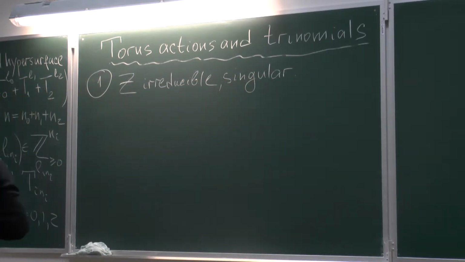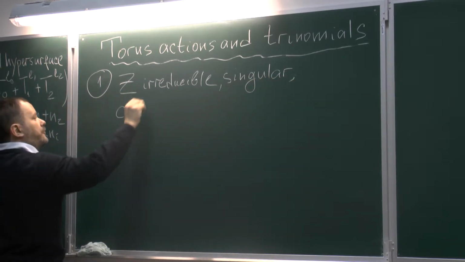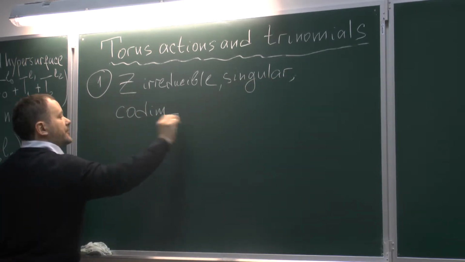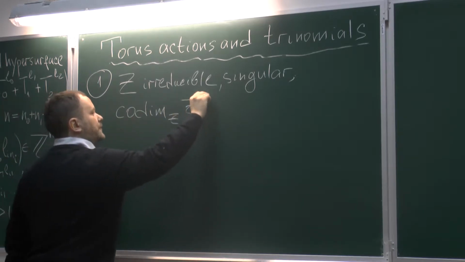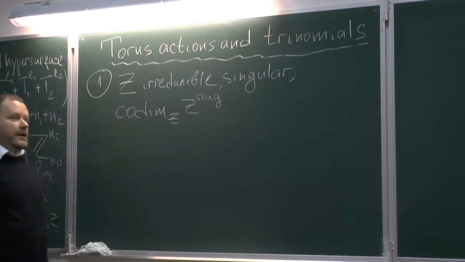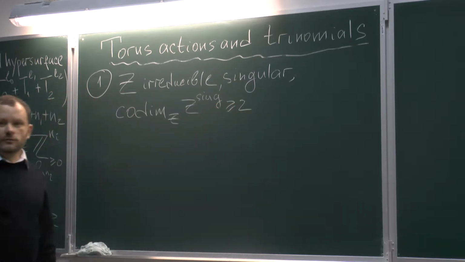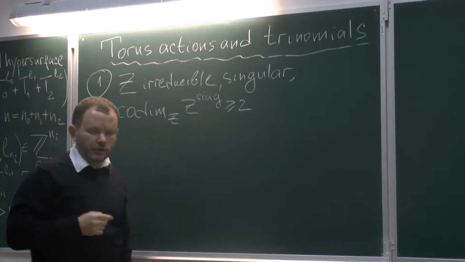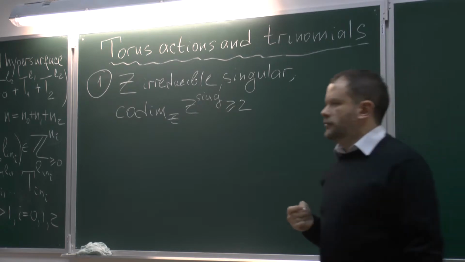And also, this is straightforward to check that the codimension inside of this hypersurface of the set of singular points is at least 2. So our hypersurface is smooth in codimension 1, and for hypersurfaces, this is equivalent to normality.